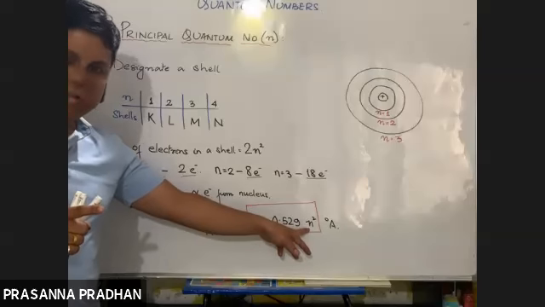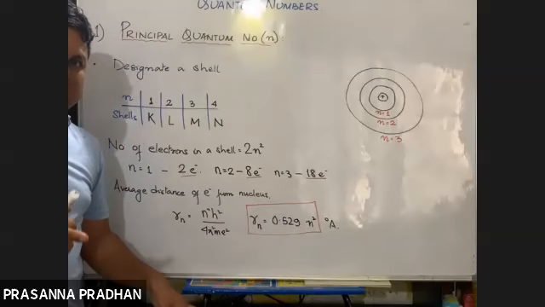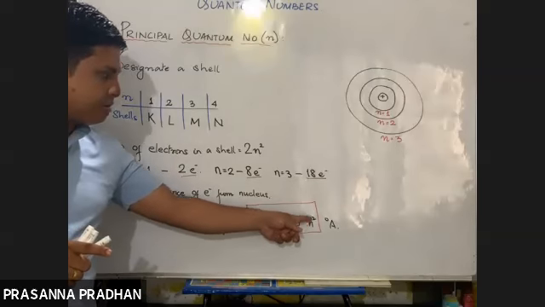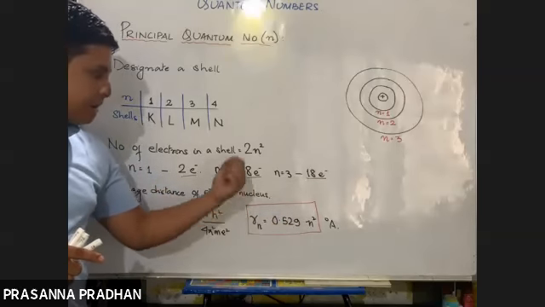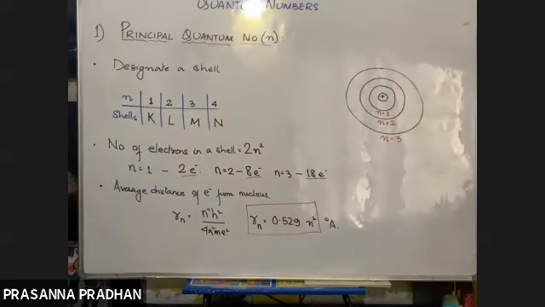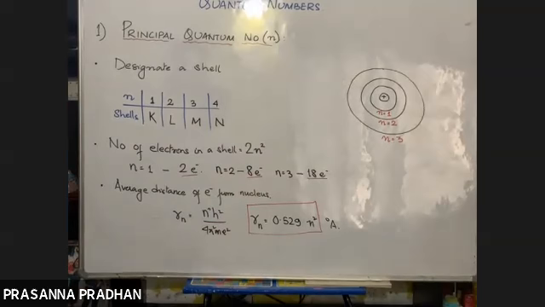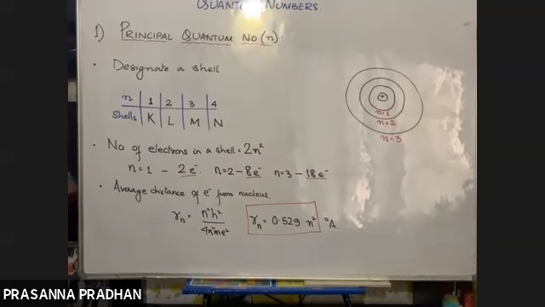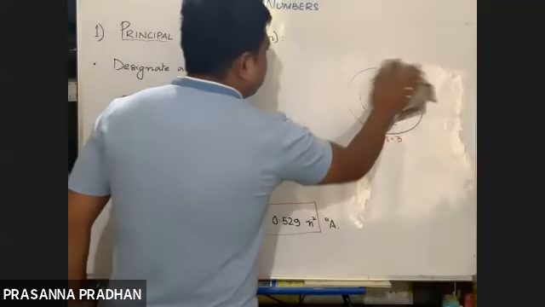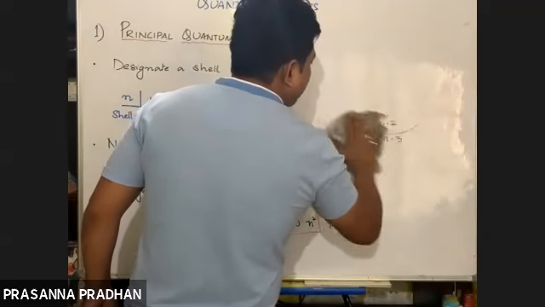You'll put the value n equals 1. What is the radius if it is present in the second orbit? n equals 2. Similarly, for the third orbit, you'll put n equals 3, and so on. So these are the three pieces of information provided by this principal quantum number.